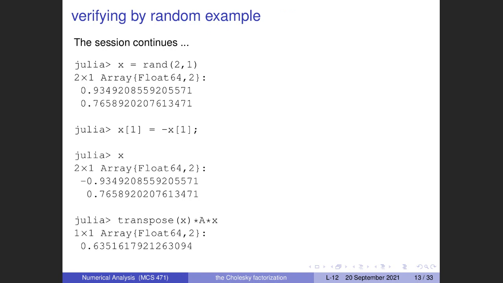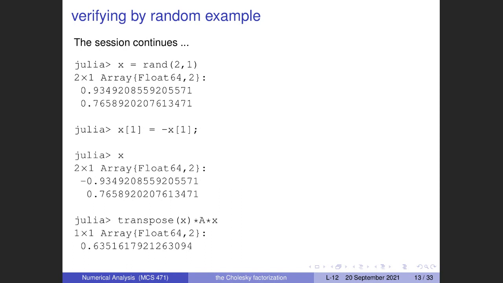All right, so we continue our verification here. We have a quadratic form, and what we do here is try to evaluate the quadratic form at a vector where the first component is the larger component.